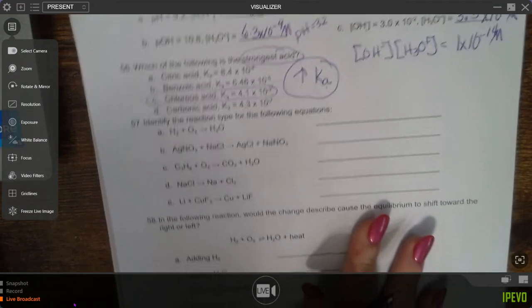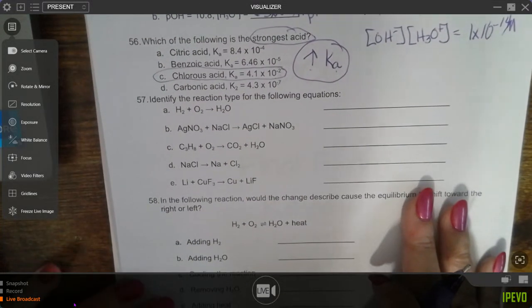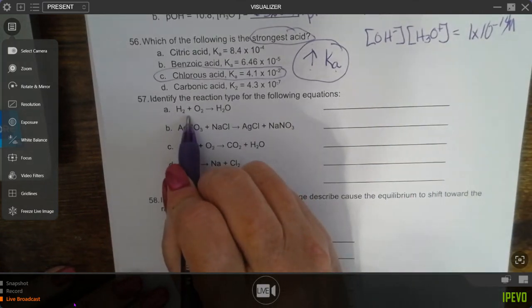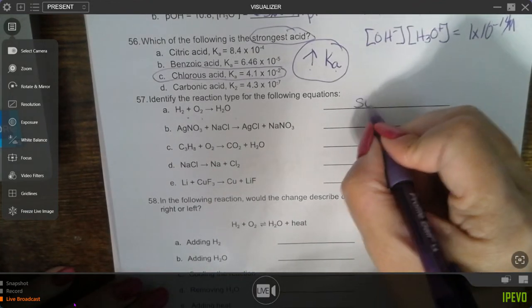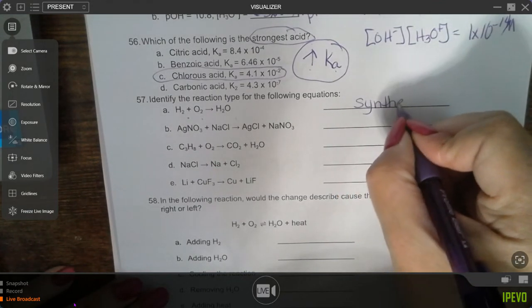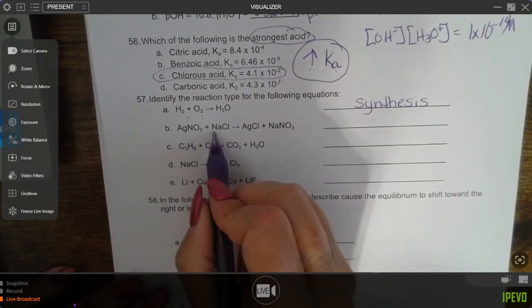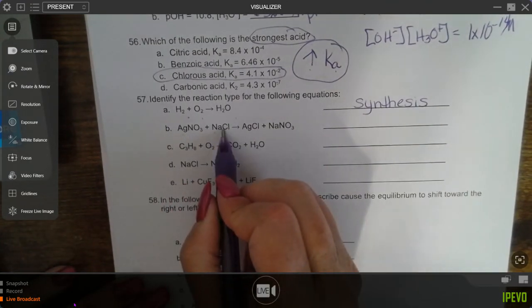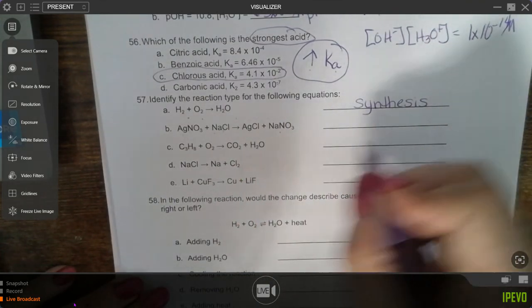All right, and some easy-ish things. Types of reactions. Two elements combined to form one compound is synthesis. Silver nitrate plus... so two compounds react to form two compounds. They switch.